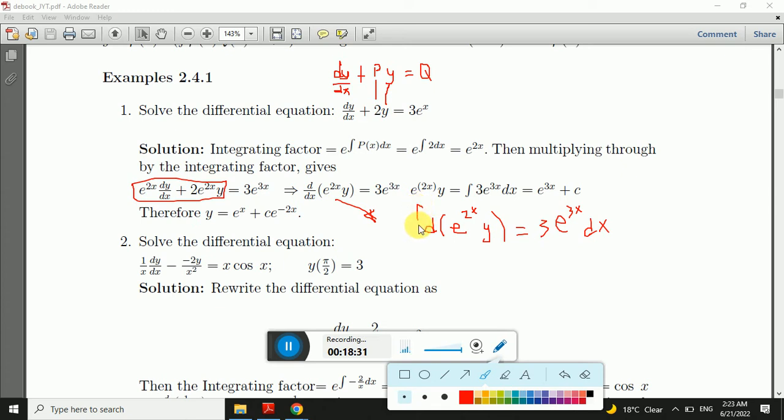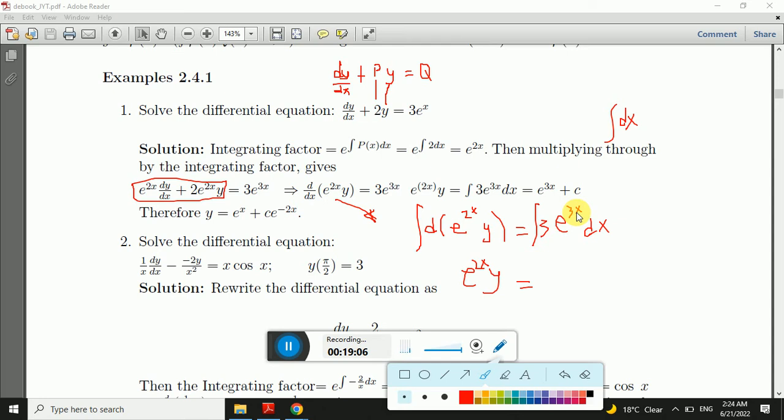Then at this point, integrate both sides. D of this term will give us this term, just like how you have d of x and then you integrate, you get x. So d of this term will give us e to power 2x y equaling the integral of 3e to power 3x.